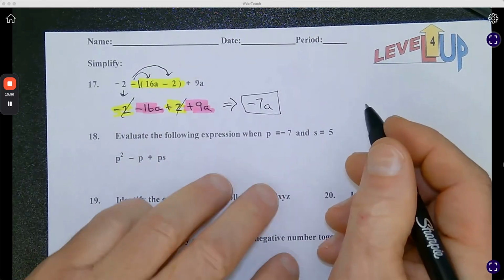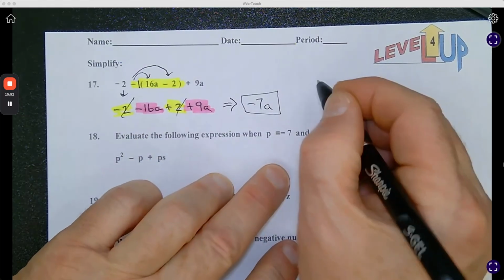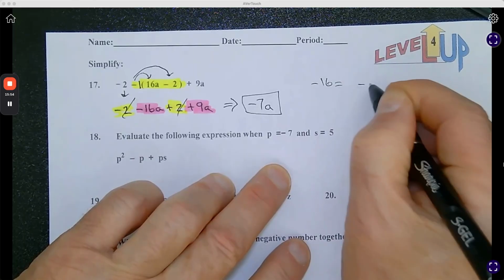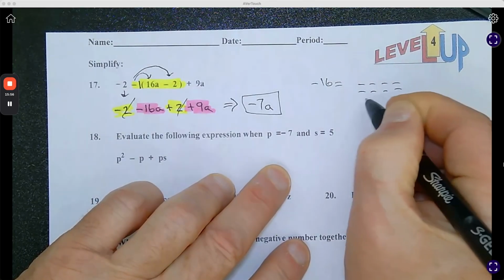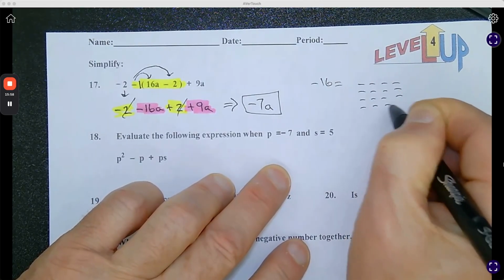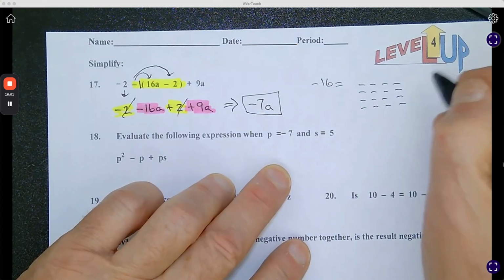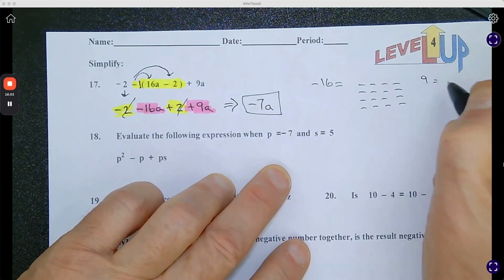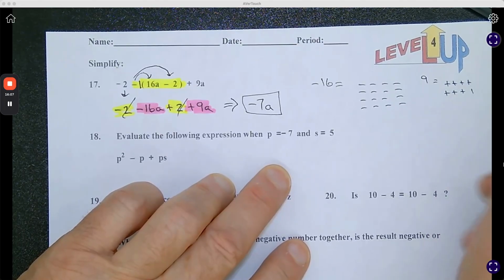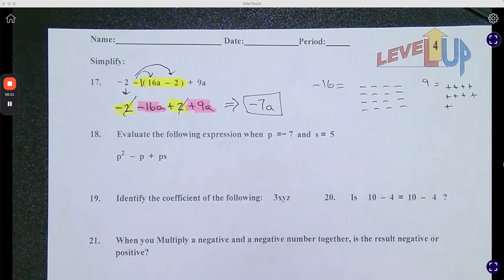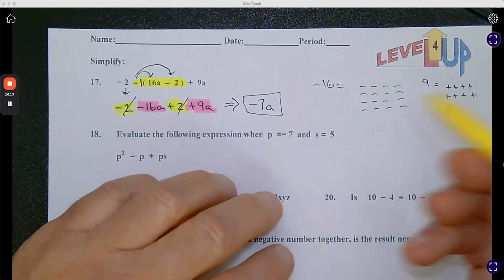If you're struggling with that, here's a good way to look at it. -16 is 16 little individual negatives. +9 is 9 little positives. Now they cancel out, right? A negative and a positive cancels out.